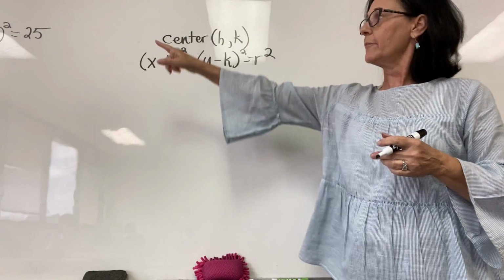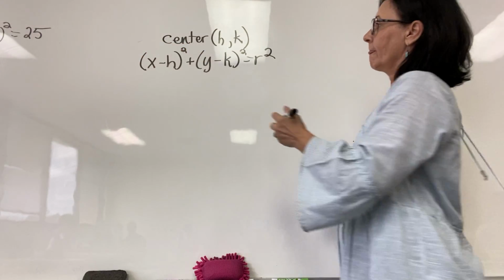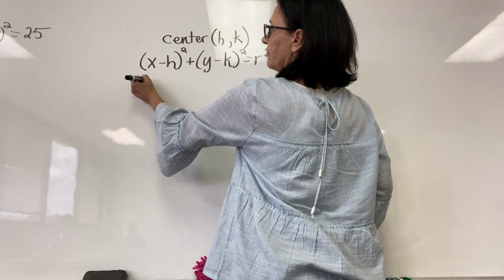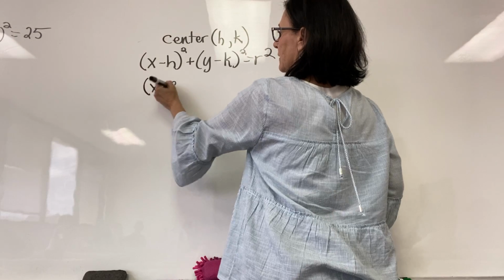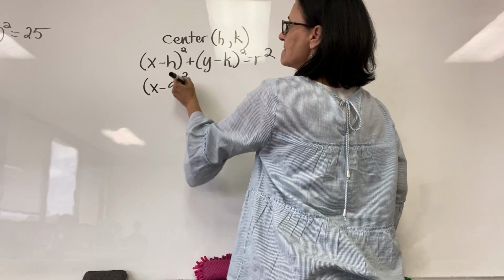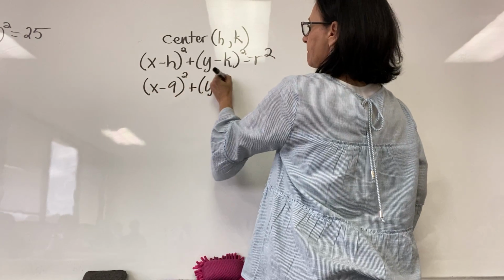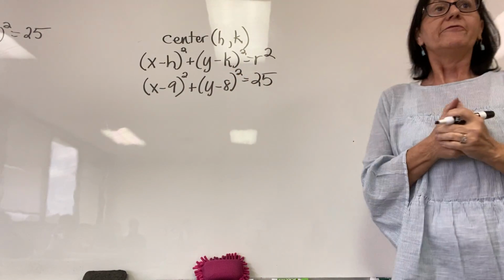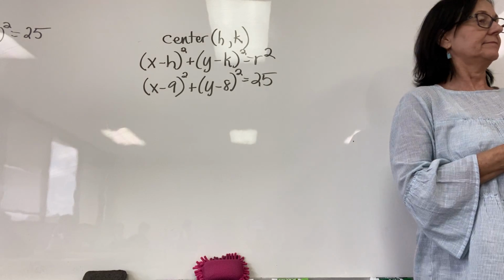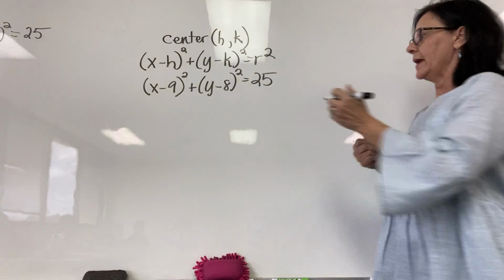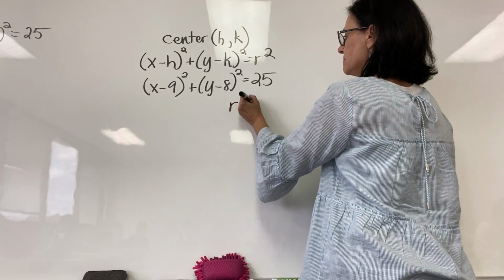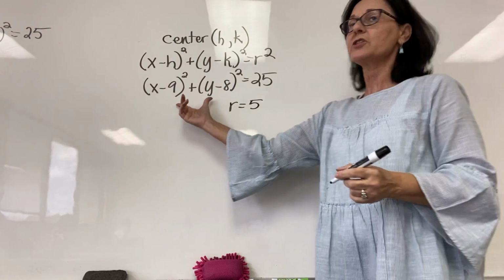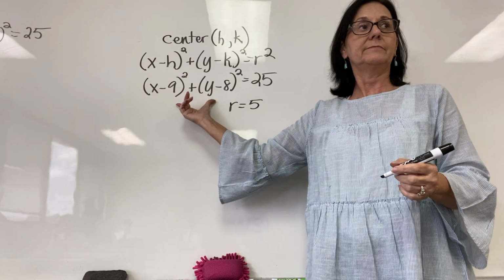All right, so let's look at that problem, number 39 from lesson 6. First, what is the radius? The radius is going to be 5, but the center is no longer at 0, 0.